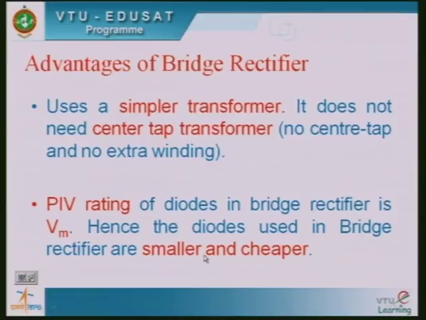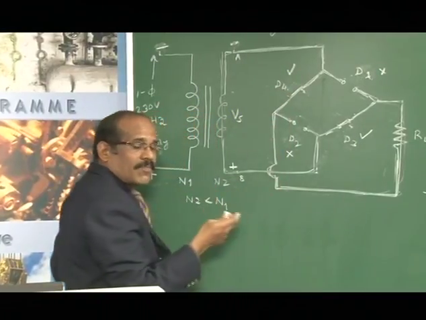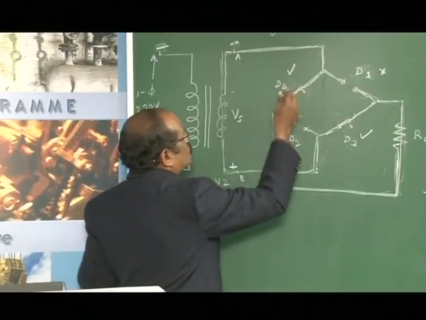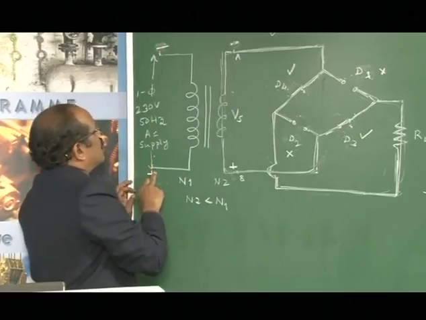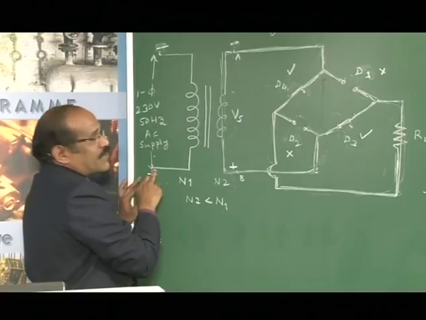Now let us see on the board how the PIV rating of the diodes in a bridge rectifier is Vm. As I told you, in the case of the center tap configuration, the PIV rating of the diode is 2 Vm, whereas here it is Vm. Now let us assume that during the negative half cycle, this terminal will have a negative potential with reference to this.